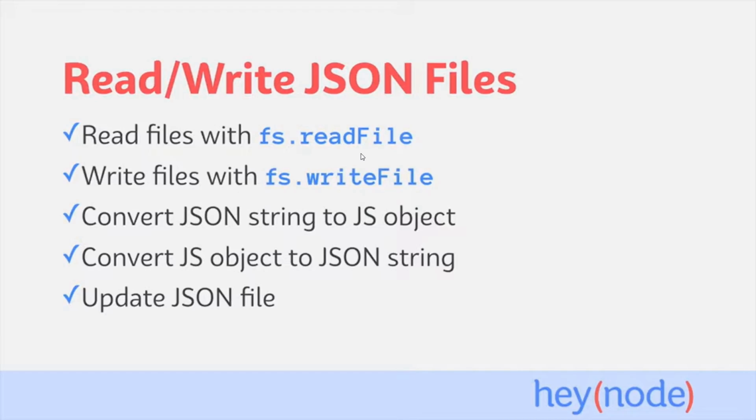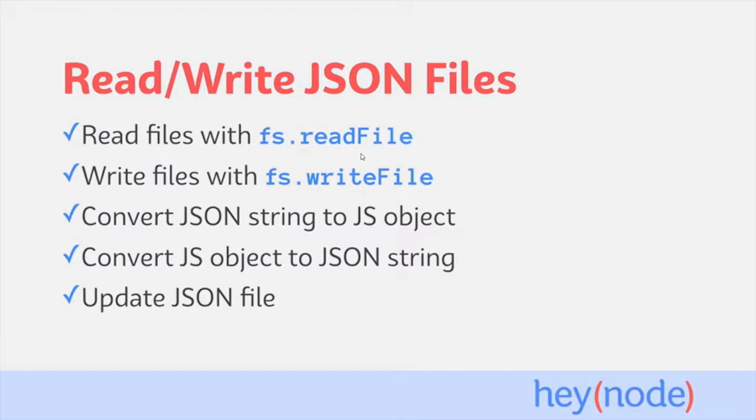And using the Node.js file system module, we can read JSON data from files as well as write JSON data to files. In this video, you will learn how to read files from disk using fs.readFile, and how to write files to the disk using fs.writeFile.